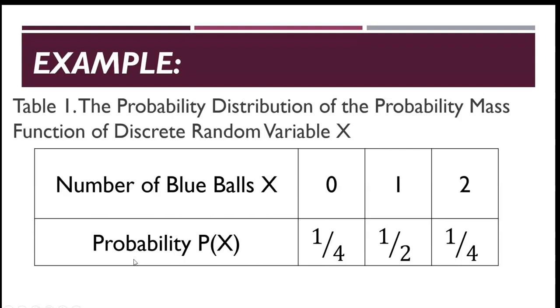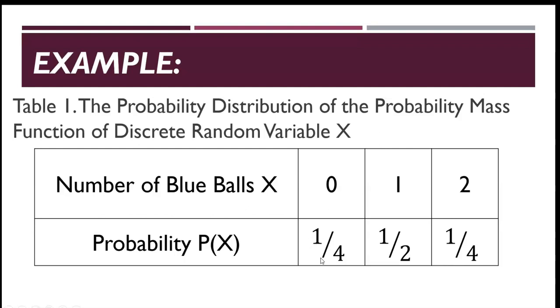So first property, we must check if the values of p of x are between 0 and 1. As we can see, 1/4, 1/2, and 1/4 are the values of p of x. And if we check it, these values are between 0 and 1. Therefore, it passes the first property.